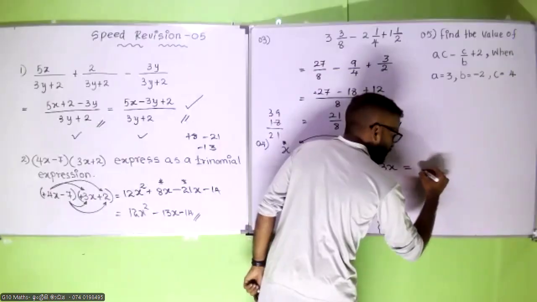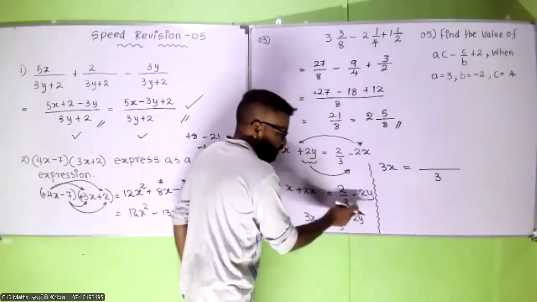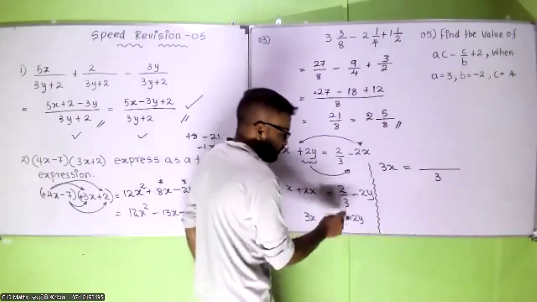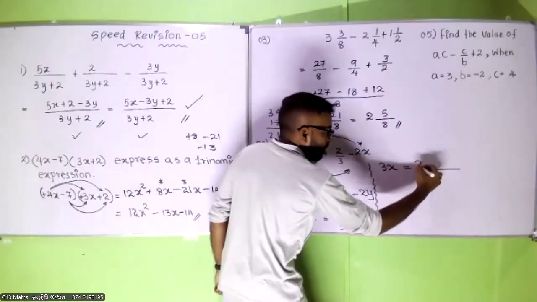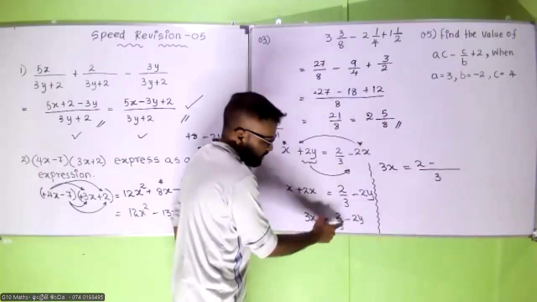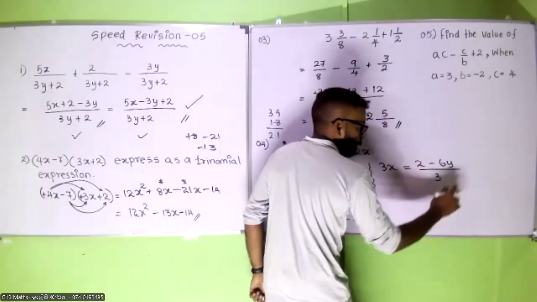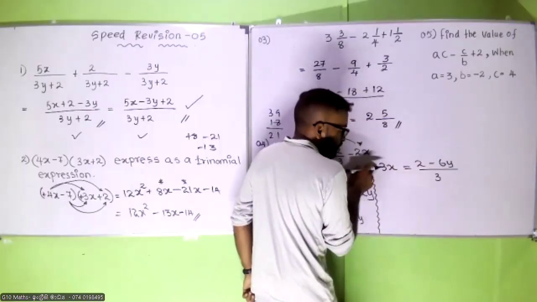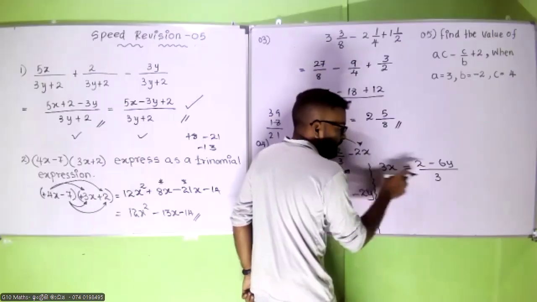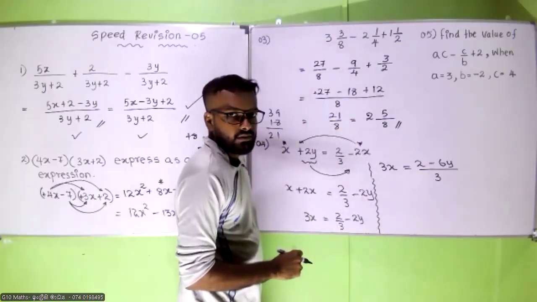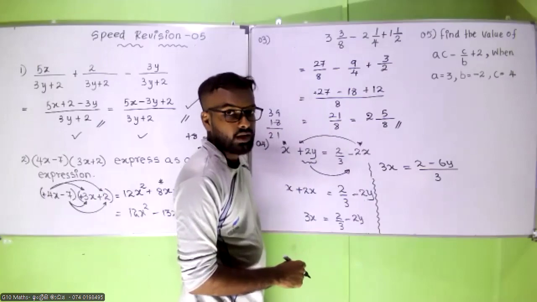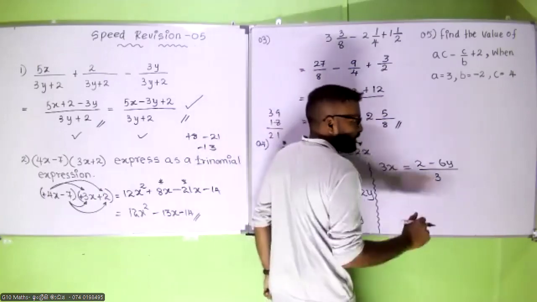Fraction plus or minus a number, eh? So 2 here minus 3 times 2, 6. That means 6. Right? So now you can take this 3 into the denominator easily. And the previous method is also correct. Right? So same answer you will get.